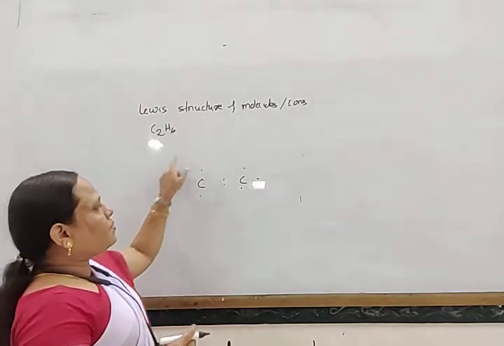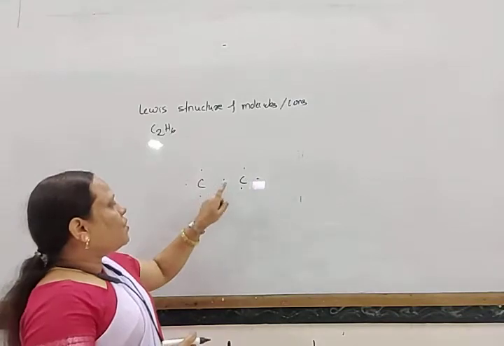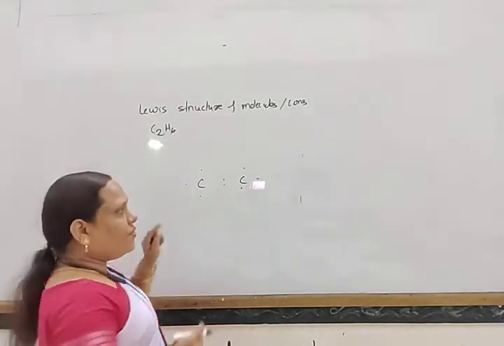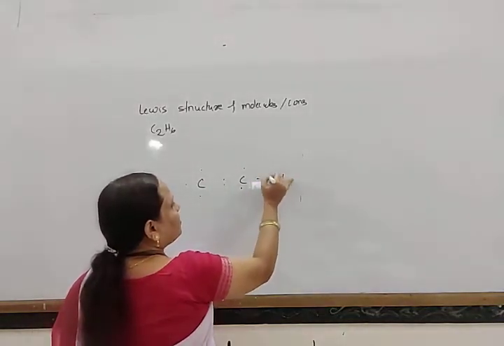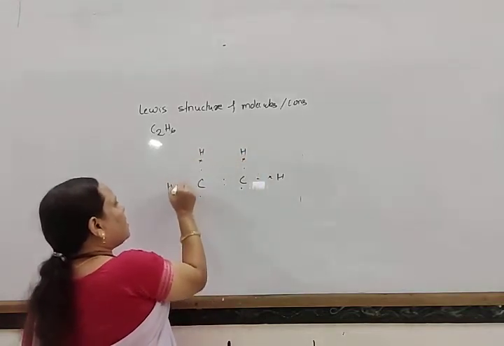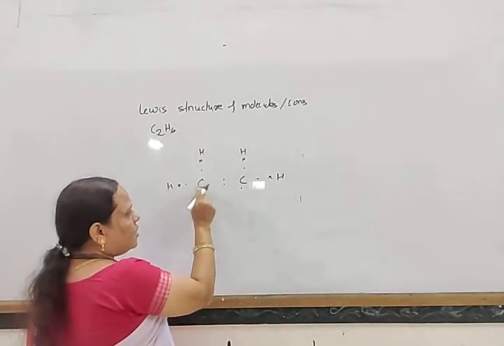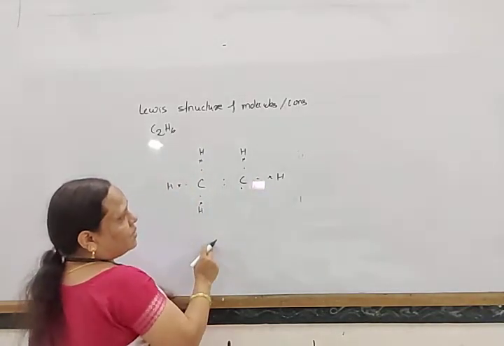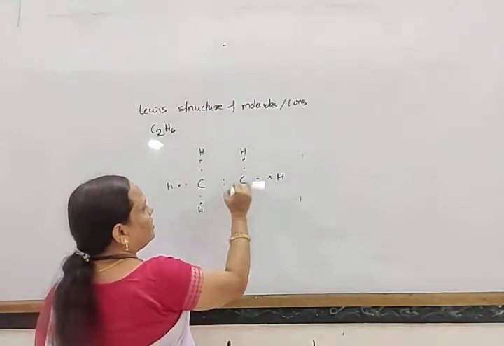One carbon has 4 valence electrons, another carbon has 4 valence electrons, and the 2 carbon atoms each share an electron to form a pair of electrons. There is a bond pair, and this is hydrogen. In this way each hydrogen has 2 electrons and satisfies its duplet, and the carbon atom satisfies its octet in each case.